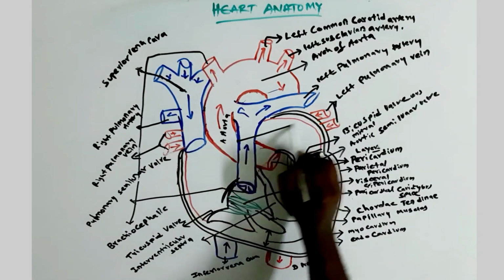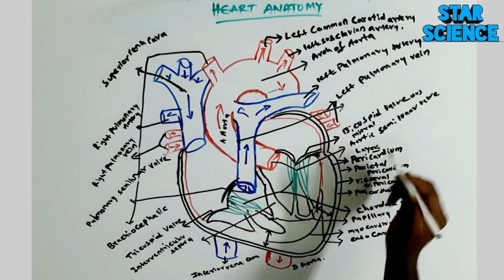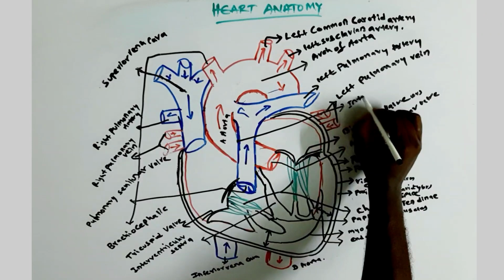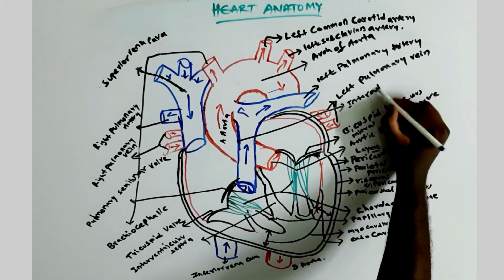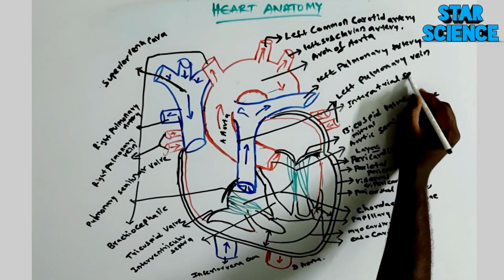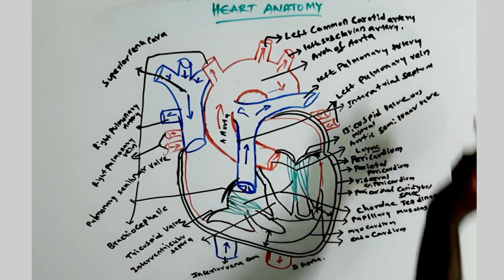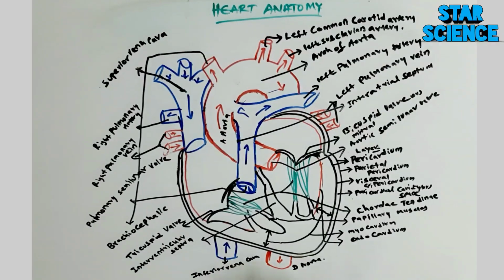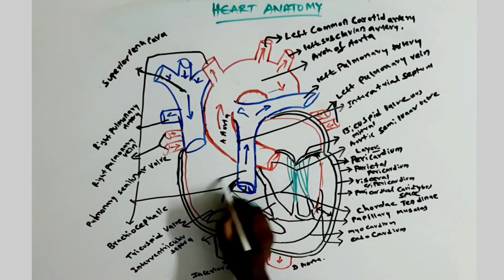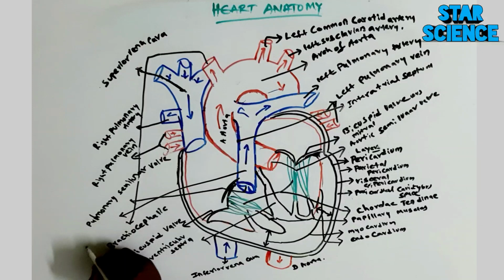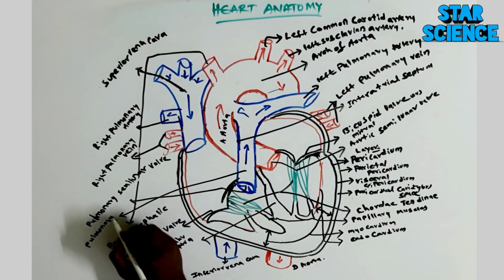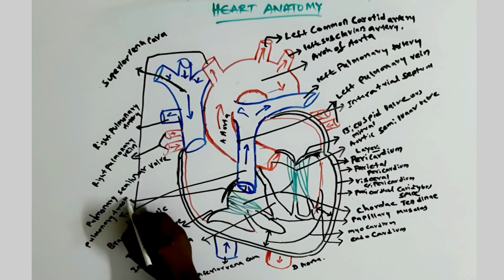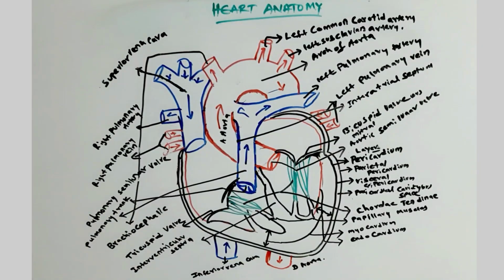Now I am showing you the region used for separation of the right and left atrium, called the interatrial septum. The interatrial septum is also used for separation of the upper chambers, so that there is no mixture of our bloods.